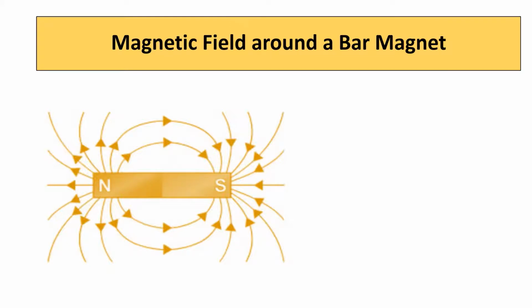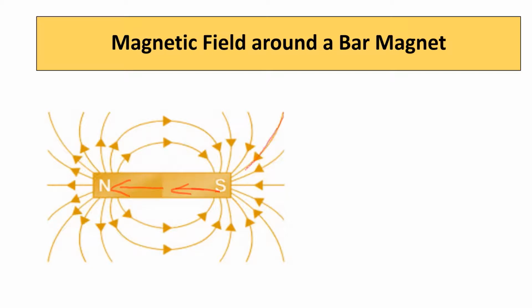The field lines will emerge from the north pole and merge at the south pole. This is a field line. You can see field lines in the diagram. It is emerging from the north pole and merging at the south pole. But inside the bar magnet, the field lines are from south pole to north pole.